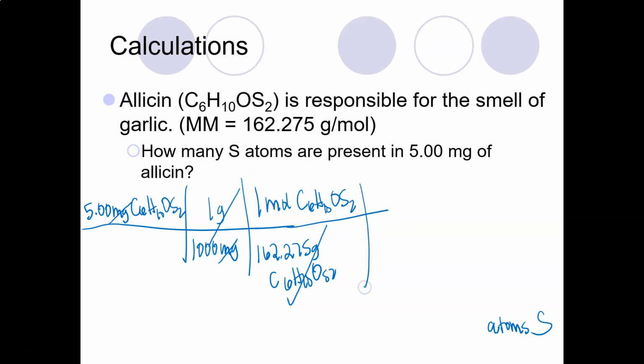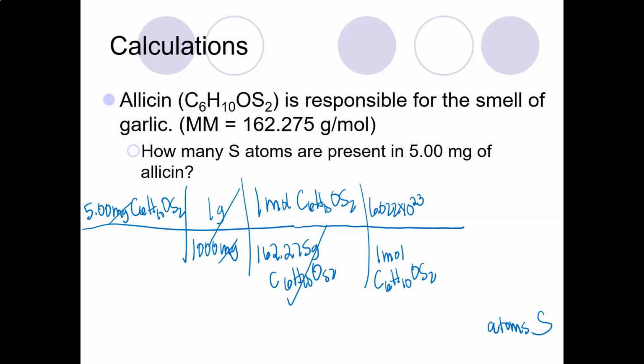But I'm not solving for moles. I'm solving for atoms of sulfur. So I need to convert moles into things. So 1 mole of C6H10OS2. We can use Avogadro's number, 6.022 times 10 to the 23rd. But then what do you think those are going to be? What are going to be the things here?